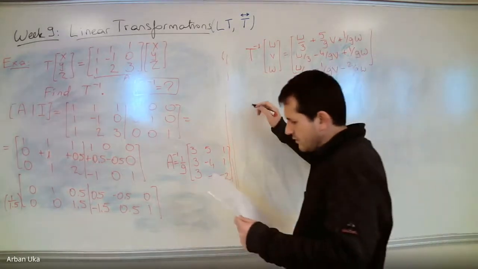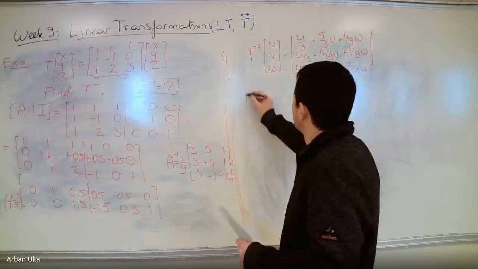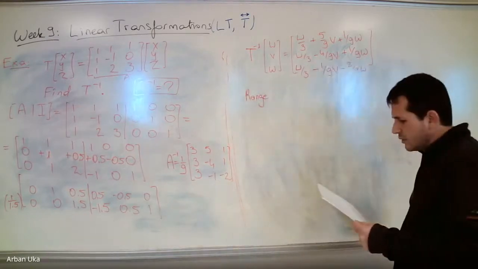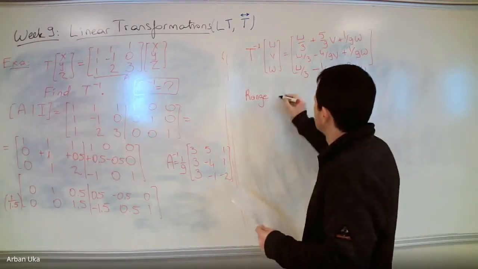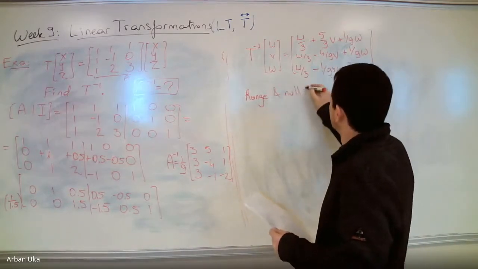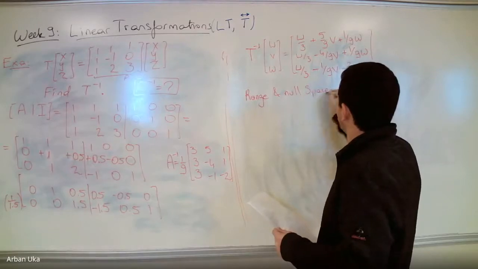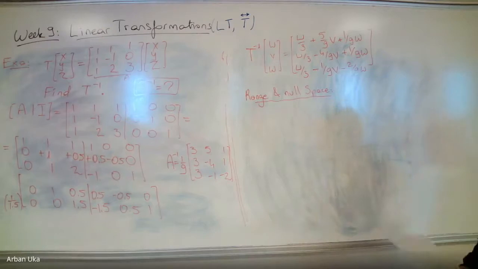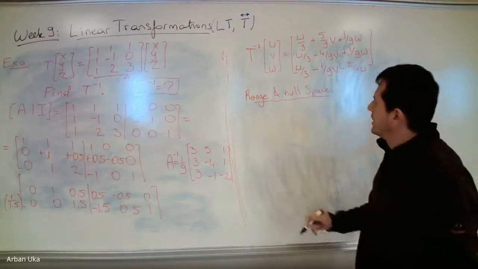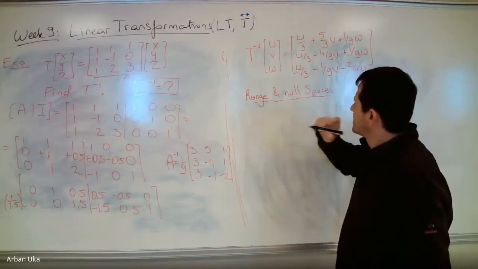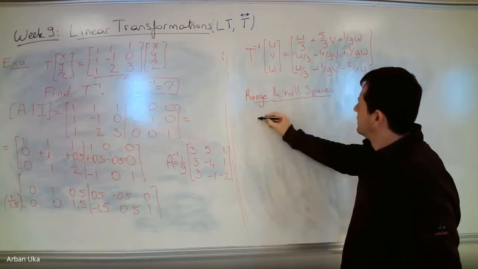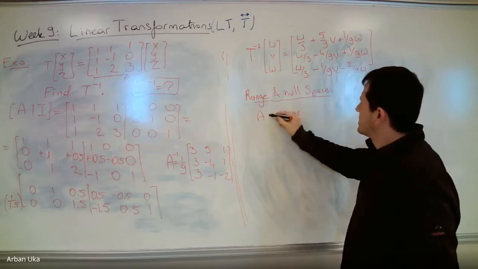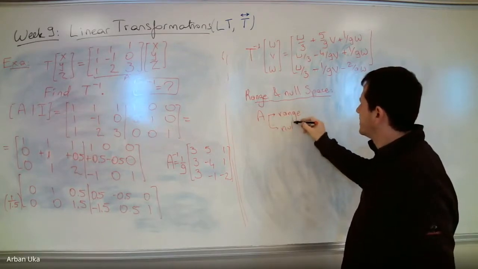Okay, we can solve a couple more examples, but let's move to a new approach. We're going to talk about the range and the null space. Regarding matrices, we know that matrices do have a range and a null space, right?